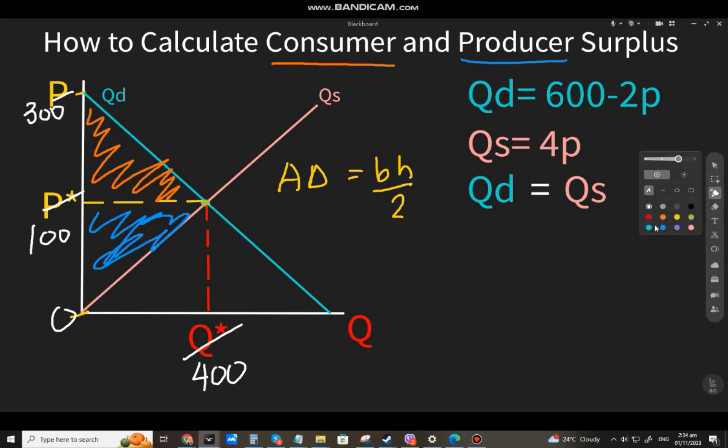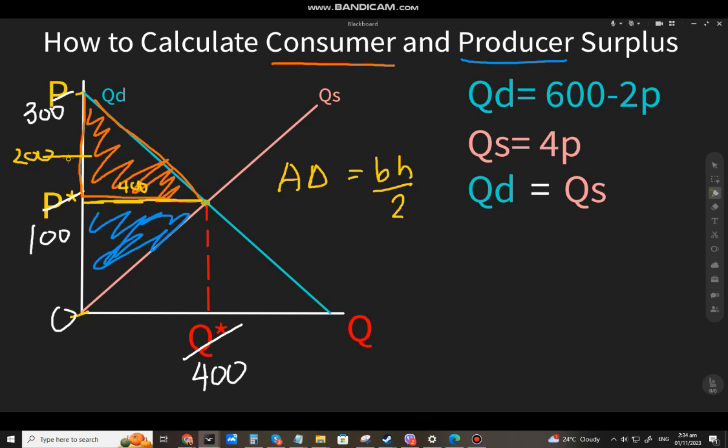So this is the triangle for the consumer surplus. From 300 to 100, the height will be 200. And the base, you can see, is 400.